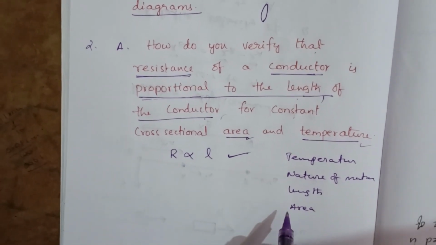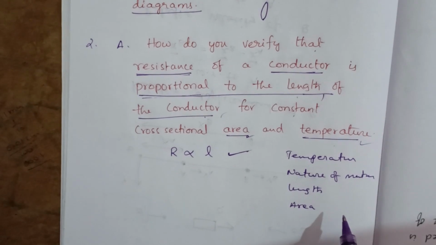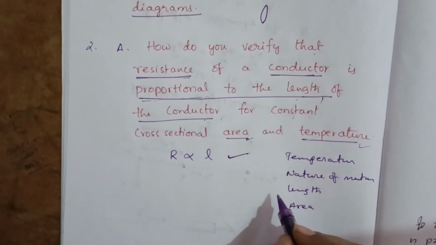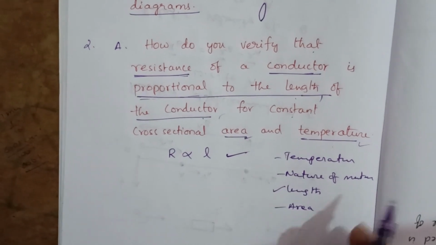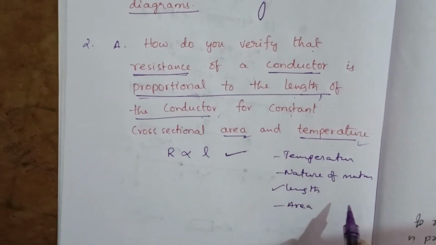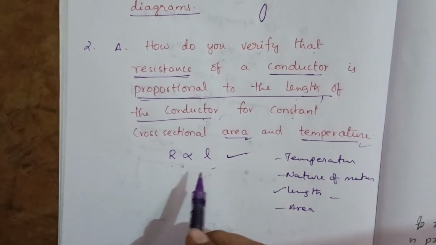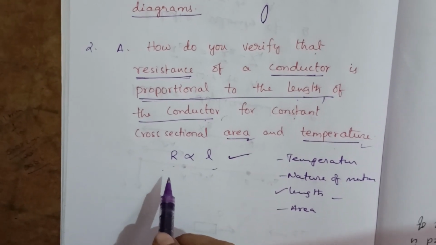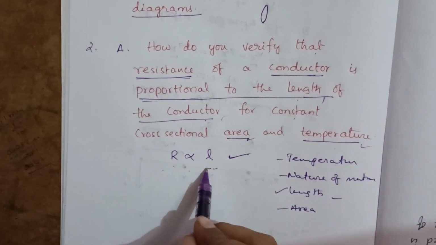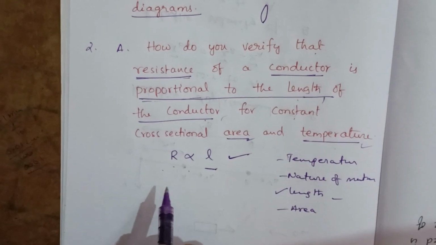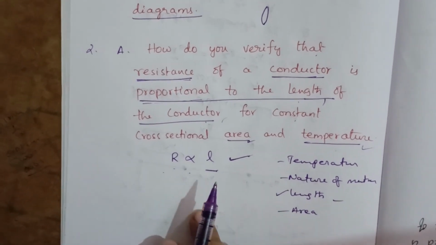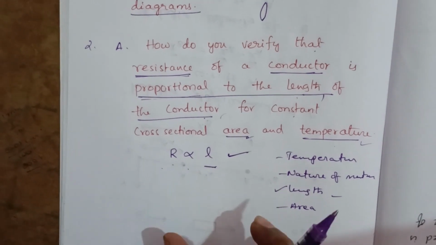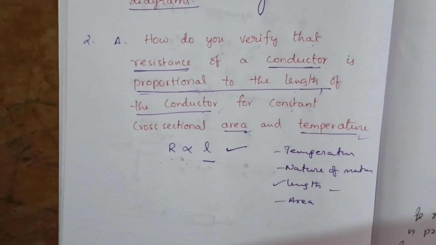Whenever we consider one, the remaining 3 should be constant. Then only we can find it. Here length is asked, so these 3 should be constant, which they have given in the question. So we should write only the length activity: resistance of the conductor is directly proportional to length of the conductor. The remaining 3 we should not write. Okay. Clearly read the question and write the answer.